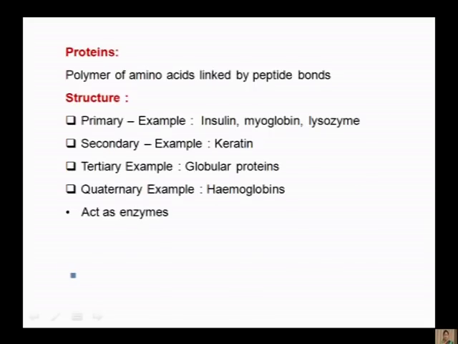Next come proteins. Proteins are considered as polymers of amino acids which are linked by peptide bonds. The structure of proteins can be classified into primary, secondary, tertiary or quaternary. The primary structure of protein indicates the straight line or linear arrangement of amino acids, and the examples coming under this are insulin, myoglobin and lysozyme.